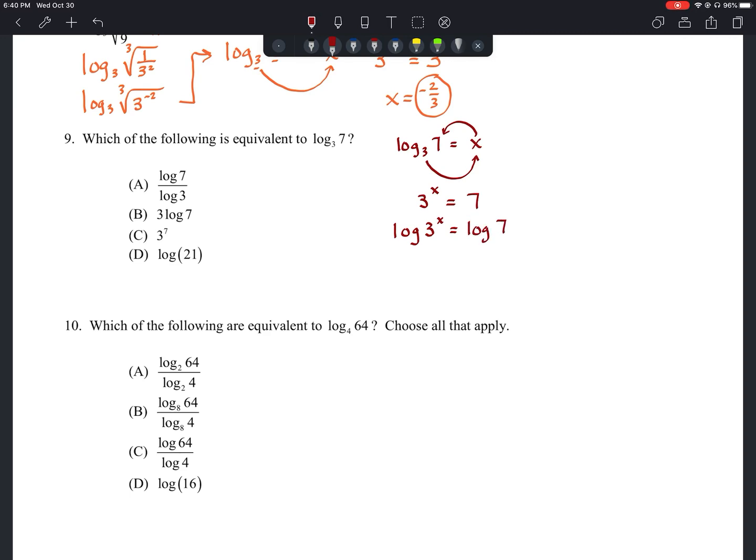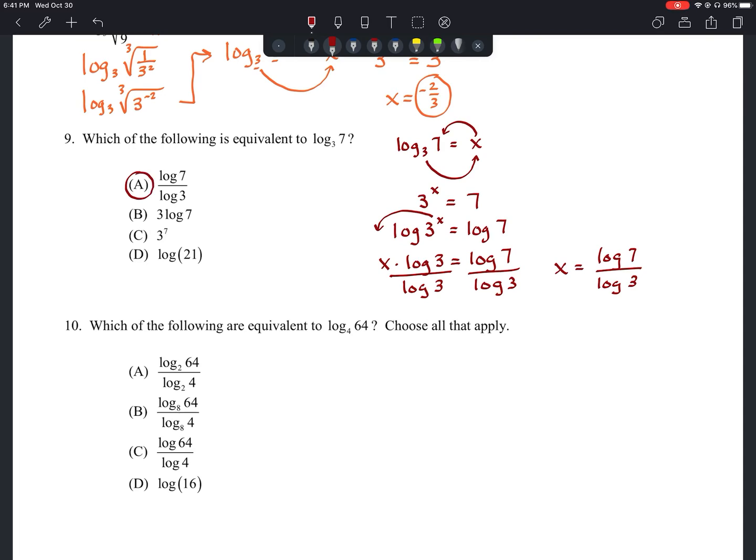Okay, and we would move our exponent out in front, so we'd have x times log base 10 of 3 equals log of 7. And we could actually take this and divide it by log of 3. And you'll see here we just made the expression for letter A. So we know that letter A is going to end up being the same thing, so A is going to be equivalent.